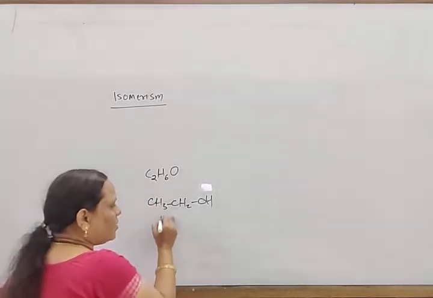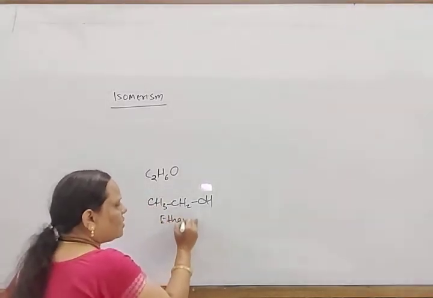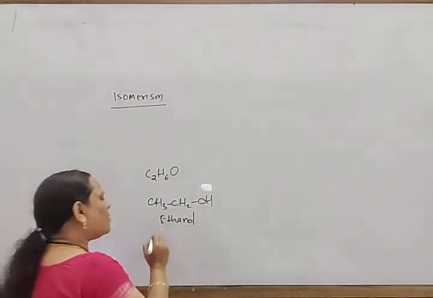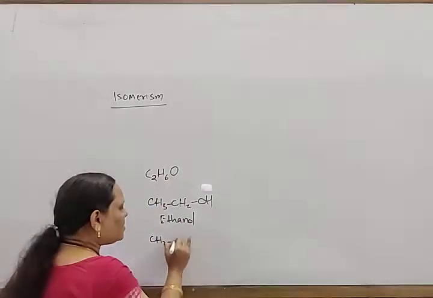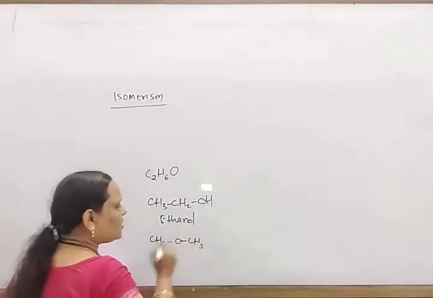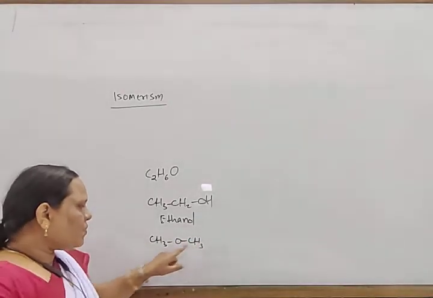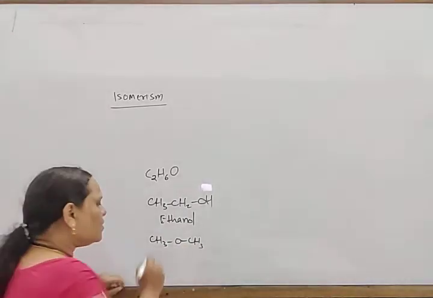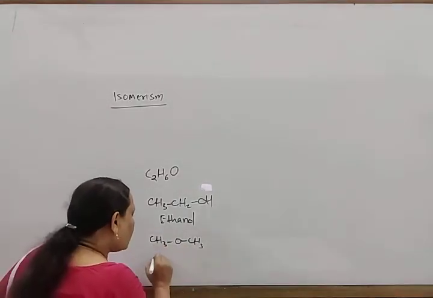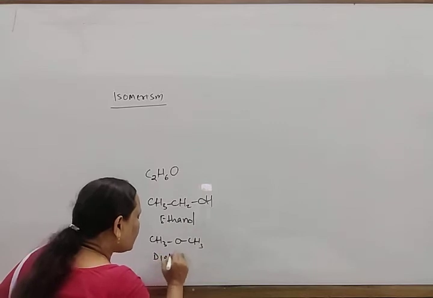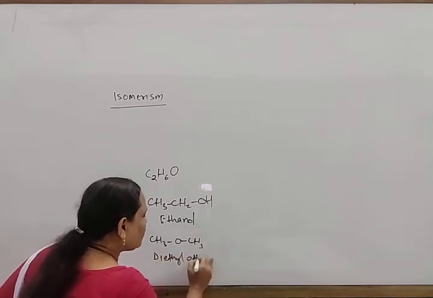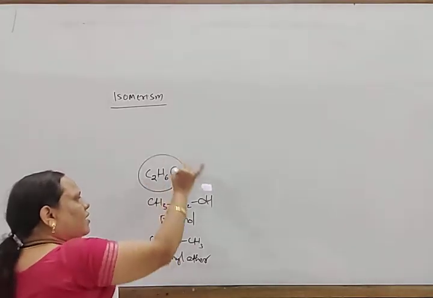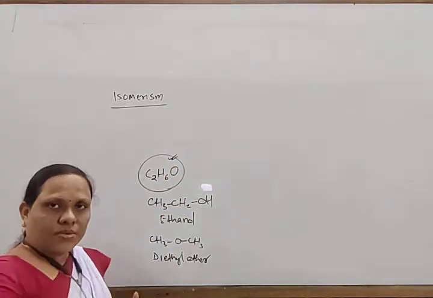This is ethanol, or ethyl alcohol. And using this formula, I can also write the compound CH3OCH3. Here also total carbon atoms 2, total hydrogen atoms 6, and oxygen is 1. This is known as dimethyl ether. So these 2 compounds are represented by one formula.